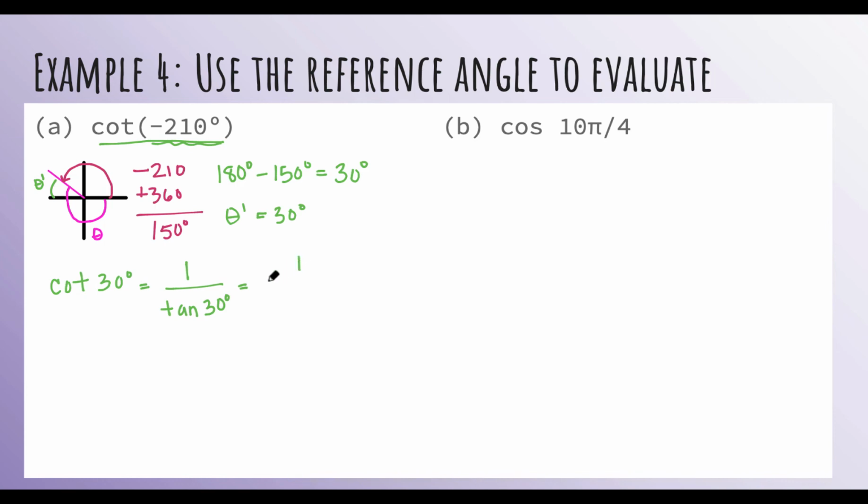So this is actually 1 over the sine of 30 degrees divided by the cosine of 30 degrees. I'm going to continue to simplify this. It's a complex fraction, so I can change this to the cosine of 30 degrees divided by the sine of 30 degrees. That's going to give us the cotangent of 30 degrees, which evaluates to the same thing as the cotangent of negative 210 degrees.